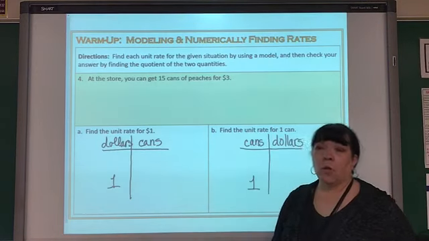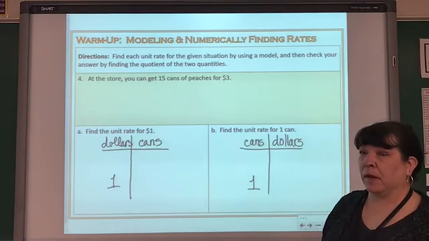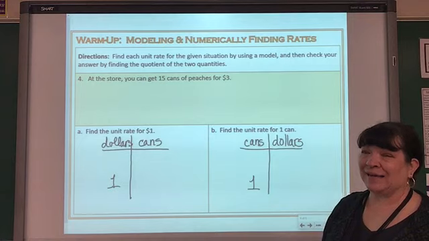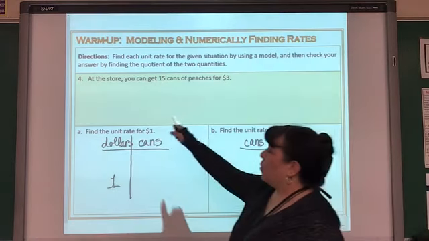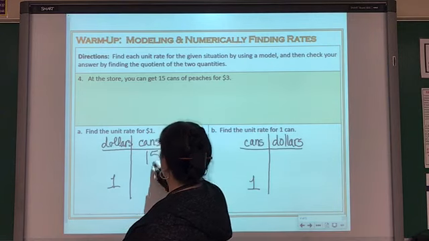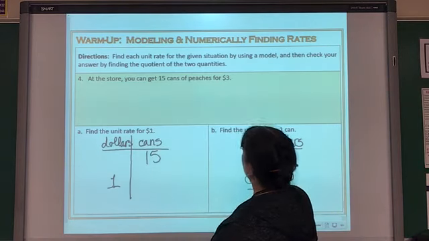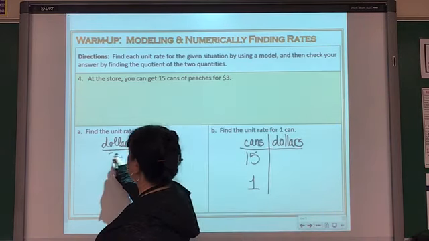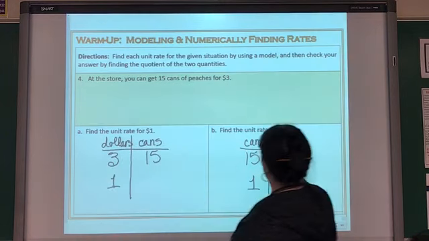Now remember, we are working with money, which will become a decimal. When we look at this, it says 15 cans, so I'm going to put 15, I'm going to put 15. For $3, $3.